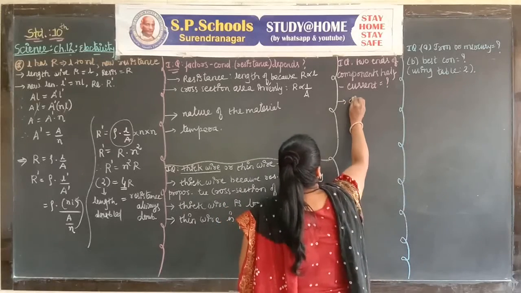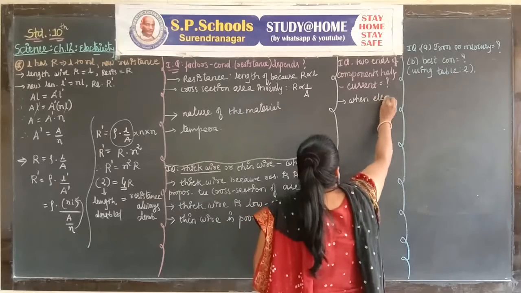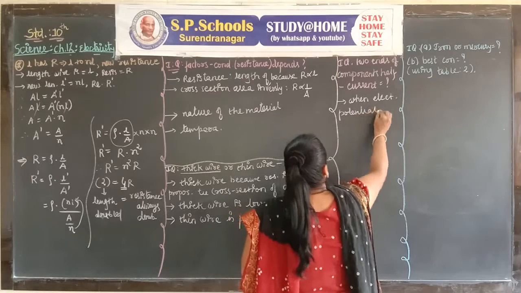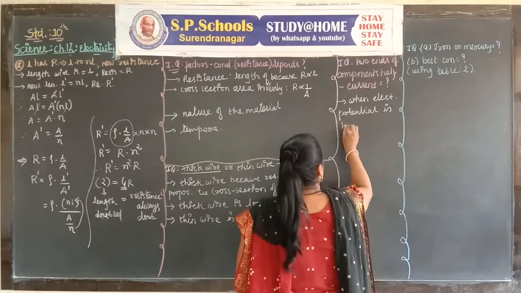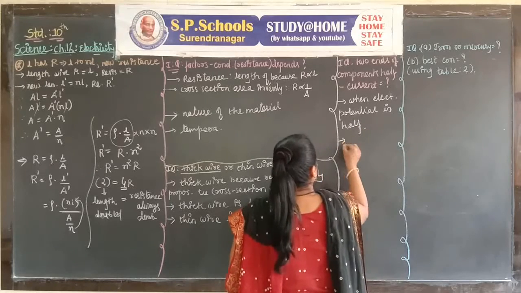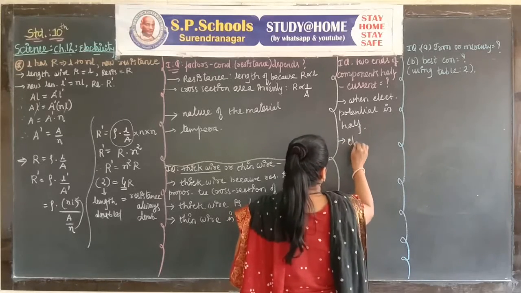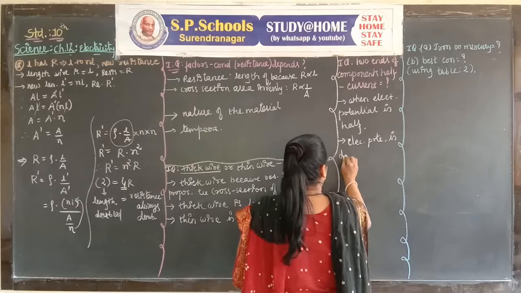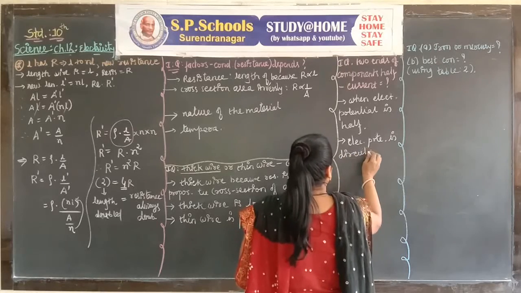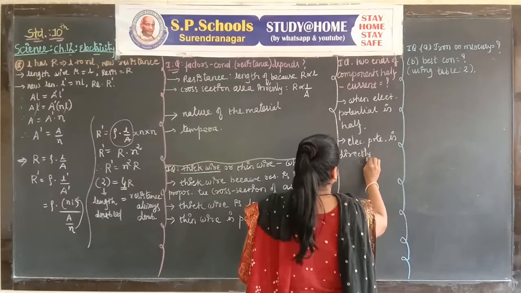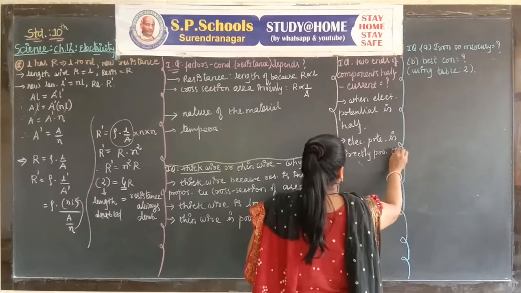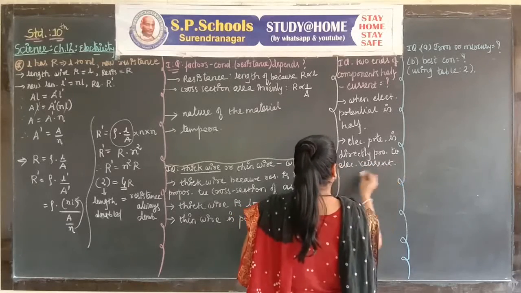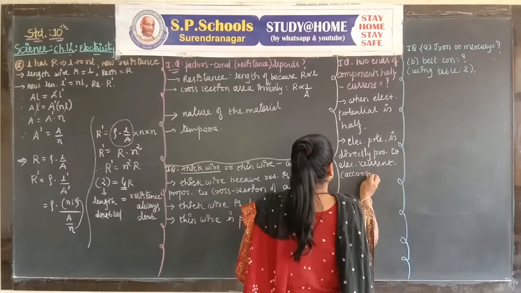When the electric potential of the component is halved, the electric potential of the component is directly proportional to the electric current according to Ohm's law.